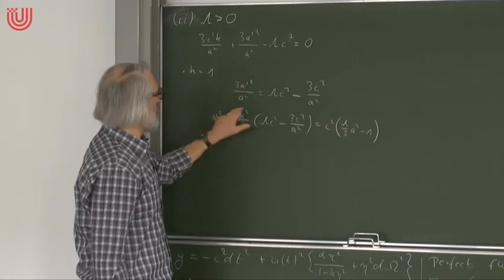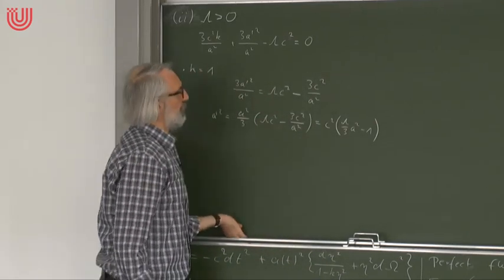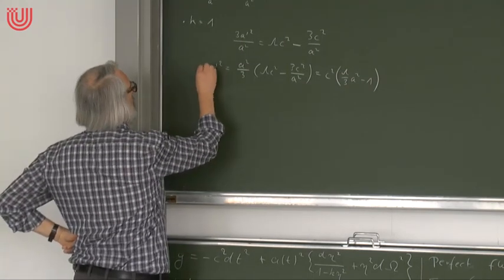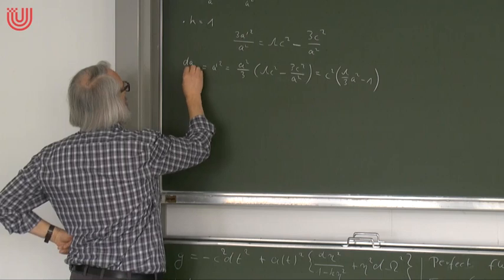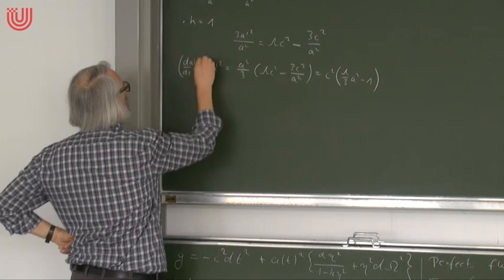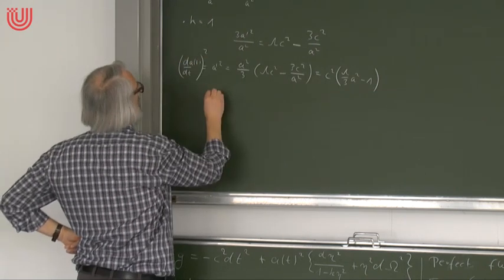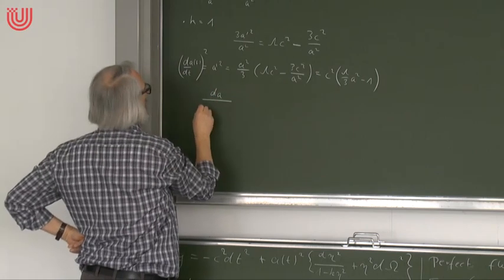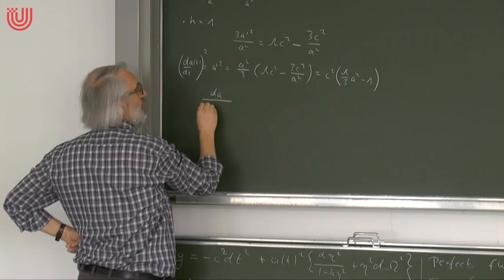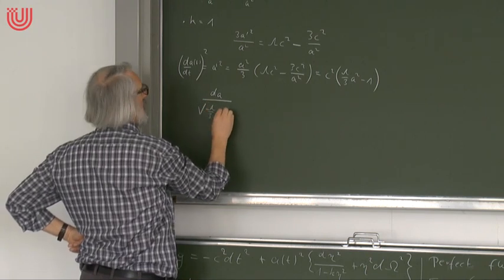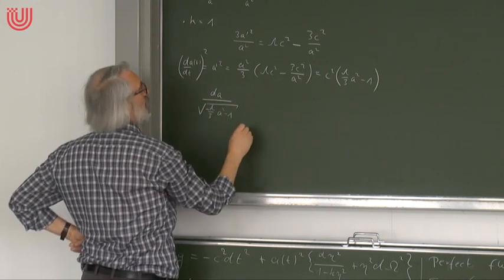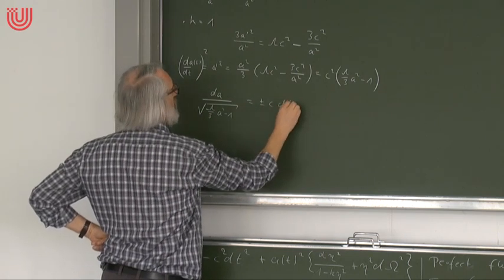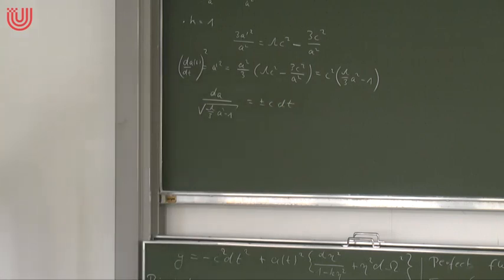The 3 goes away, the a squared goes away. This means a prime, which is dA by dt, a shorthand notation. If I take the square root of both sides, I have dA over the square root of lambda third a squared minus 1 on one side, and on the other side plus or minus c dt. That's what we have to integrate.